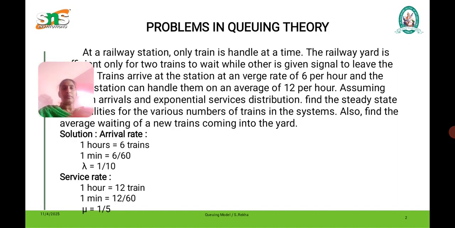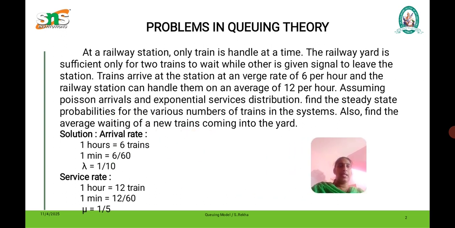So directly we can go to the problems in queuing theory. In the previous video I explained model 3, and now we can see the problems of model 3. So what is meant by model 3? Model 3 is nothing but M/M/N FIFO.